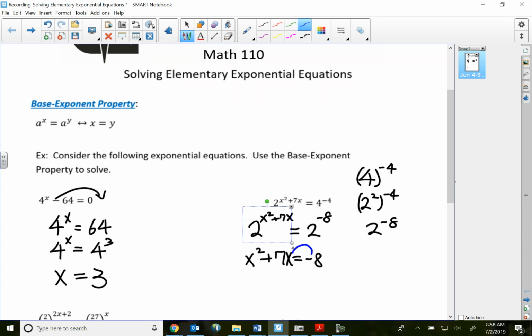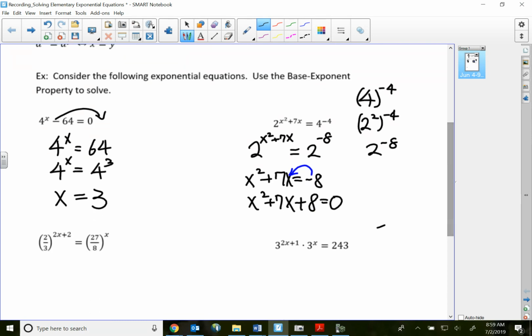I'm going to move my negative 8 over, and I get x squared plus 7x plus 8 equal to 0. I really can't factor this, because the factors of 8 cannot add up to 7. So I know I have to use the quadratic formula.